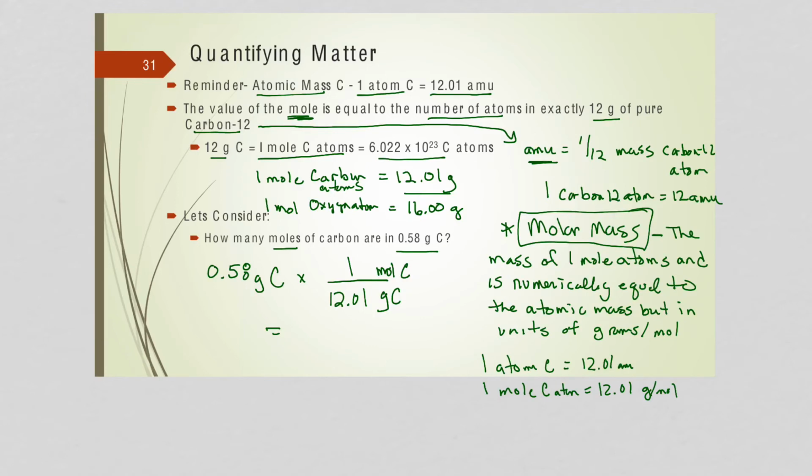And so if I go ahead and do that math, I end up with 0.58 divided by 12.01, which is 0.048 with 2 significant figures, moles of carbon atoms.